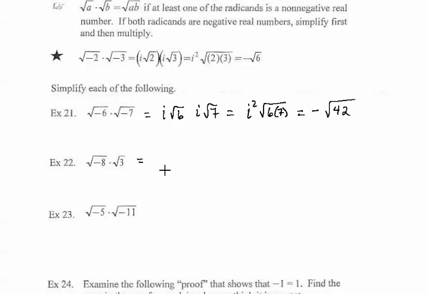In the next one, we do not have both radicals negative numbers. We could multiply it as we normally do. Multiply the two radicals together, negative 8 times 3, under the same square root, and we would end up with a square root of a negative 24.